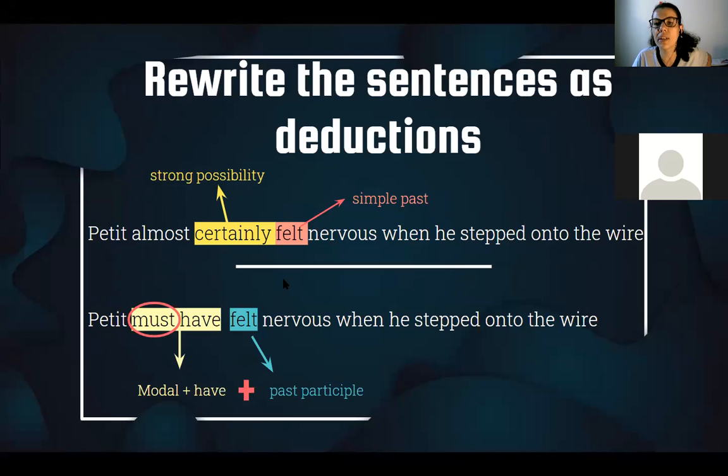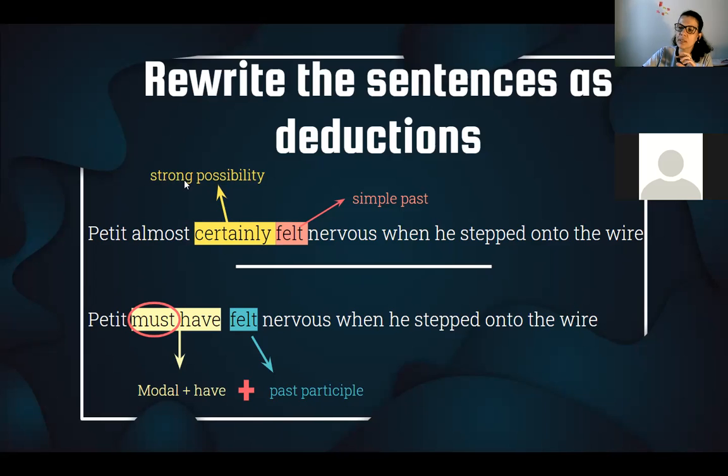So now we have an exercise. I write here, rewrite, but you will talk about the sentence. We have here an example. We have the sentence like this: Petit almost certainly felt nervous when he stepped on the wire.